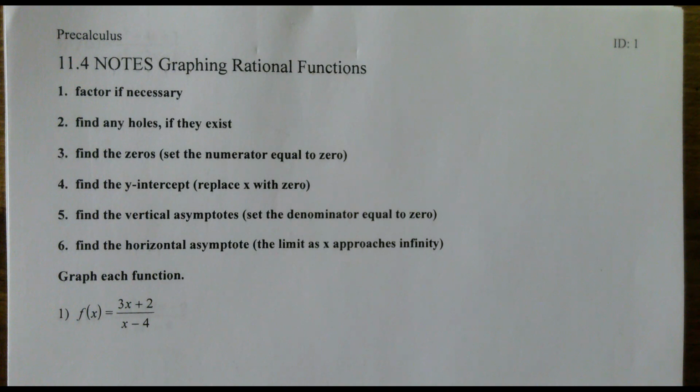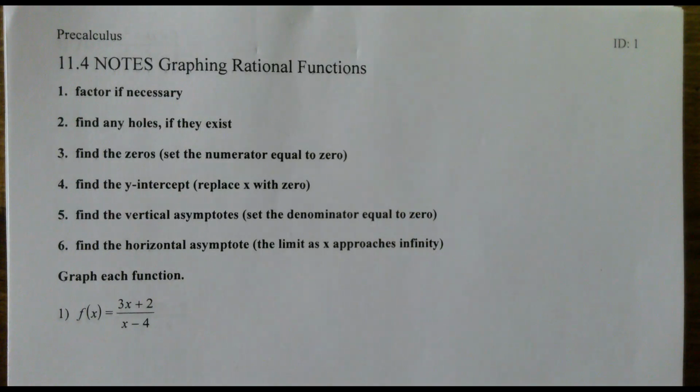And remember, when we're graphing polynomials, because polynomials are continuous functions, all I need to know is the x-intercept, the y-intercept, and where it changes directions. Rational functions are not always continuous functions over the domain of all reals, meaning there are spots in a rational function where there's a hole or where there's an asymptote, and that is because we have a denominator.